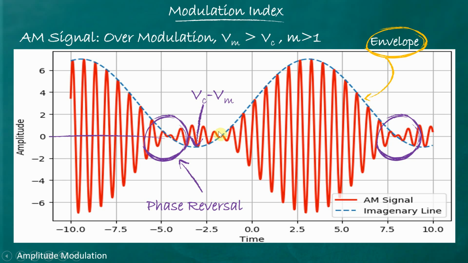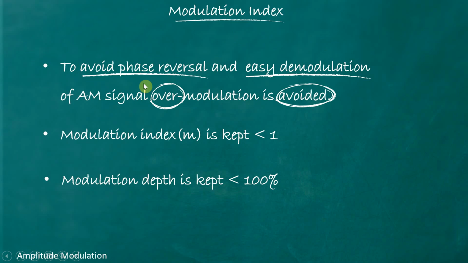Not actually as shown in this figure. So this will be the demodulated output at the receiver end. Due to this, to avoid phase reversal and to have easy demodulation of the AM signal at the receiver end, we need to avoid over modulation.